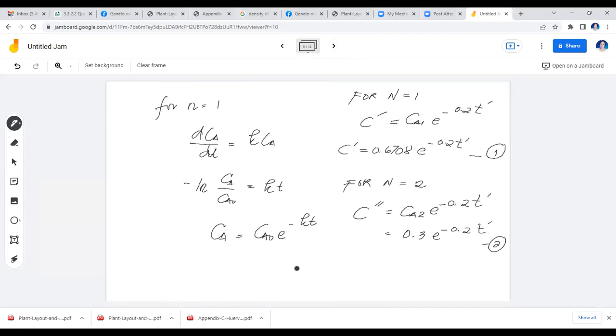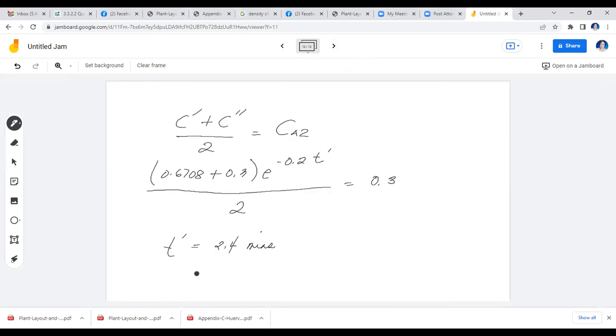Then now we determine the corresponding concentrations at time t prime when they operate separately already. And this is the time. So do you have any questions? So no more questions.